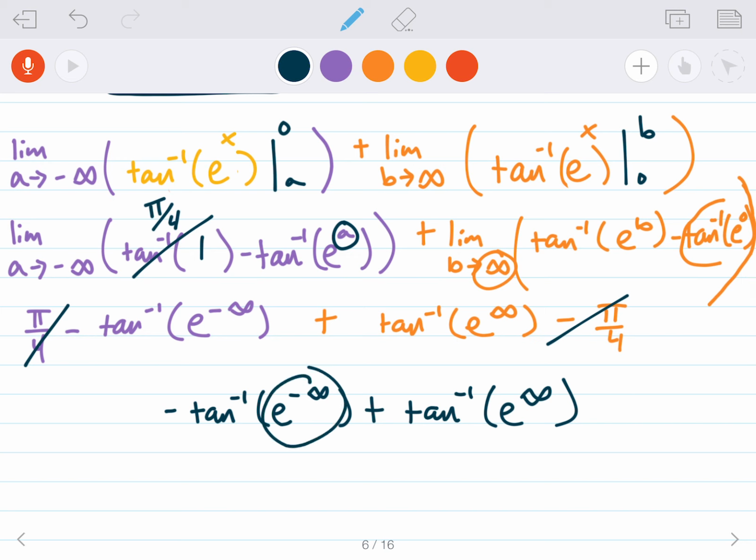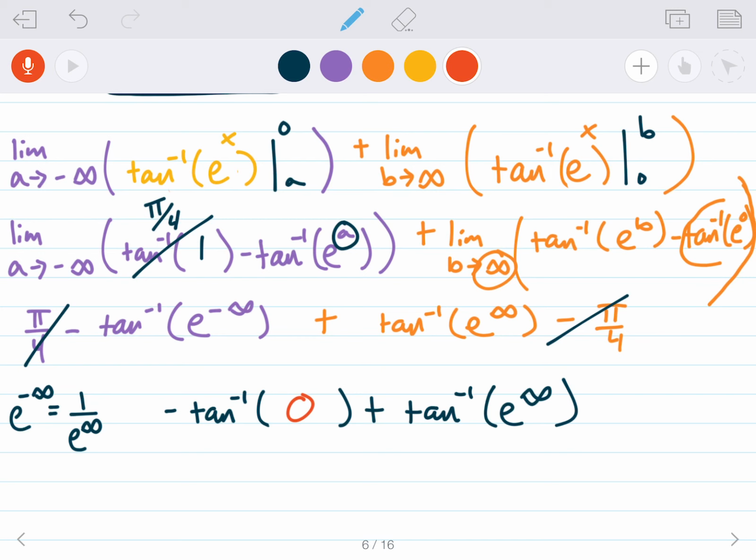Well, this guy, e to the negative infinity, is the same thing as 1 over e to the infinity, which we know goes to 0 as the bottom gets big. So this actually goes to 0 here. All right, now tan inverse of 0 is simply 0.